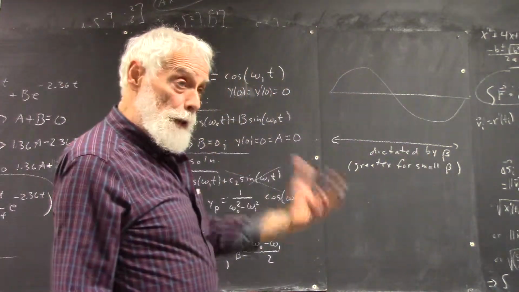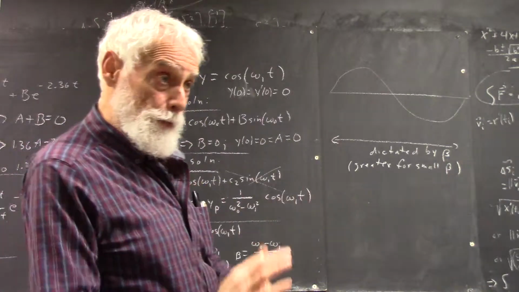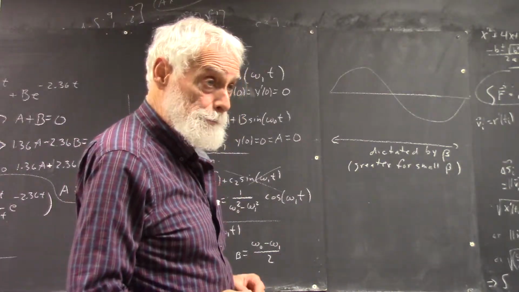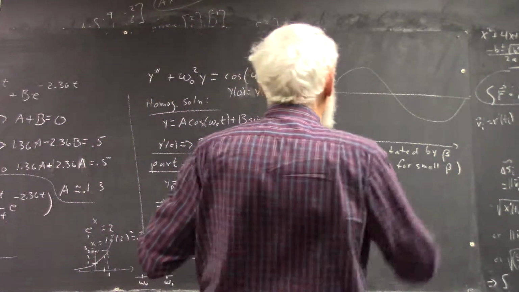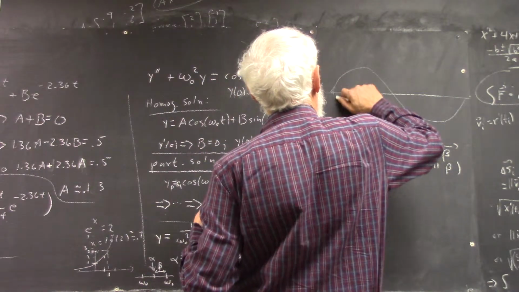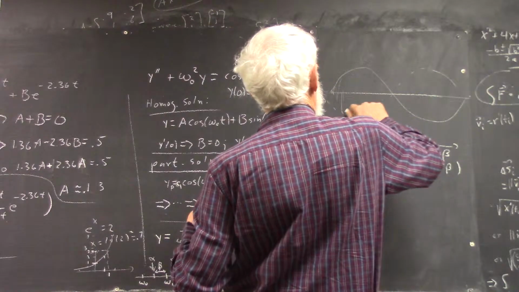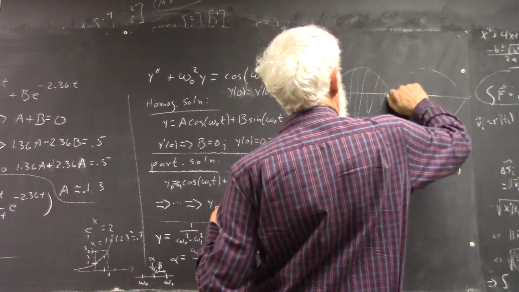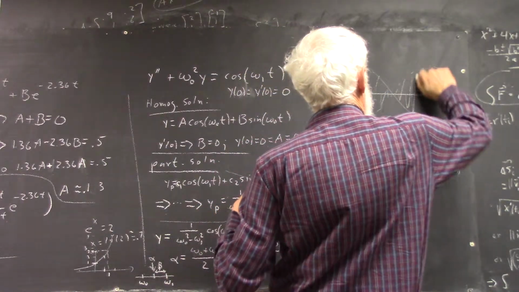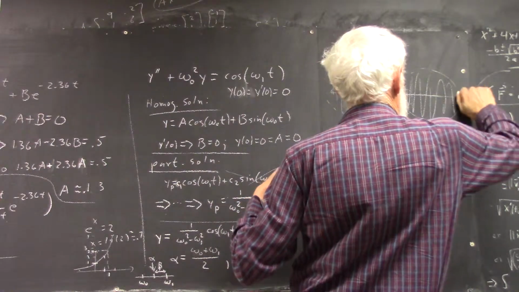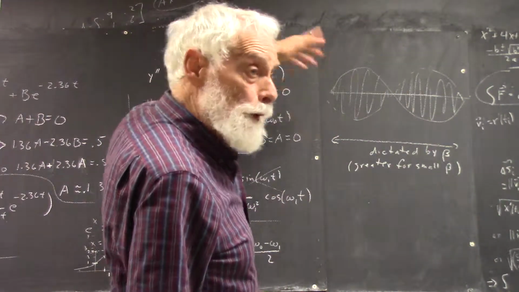Beta, again, remember, being half the difference between the frequency and the angular frequency. And then within this, you're going to have, of course, we complete this. So within this, you're going to have the individual oscillations.